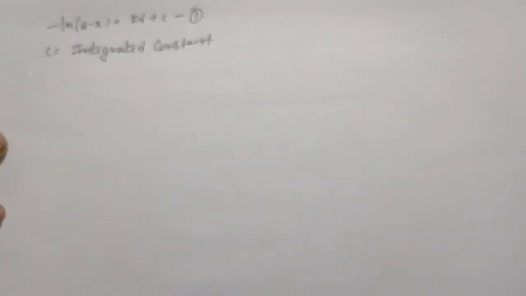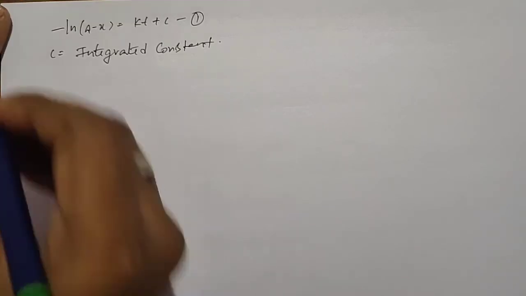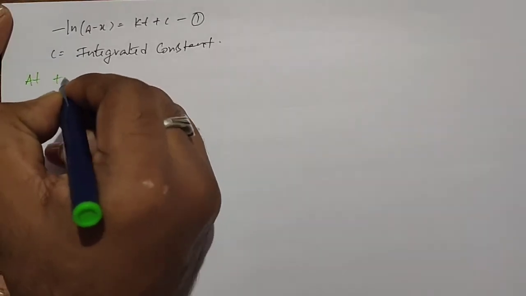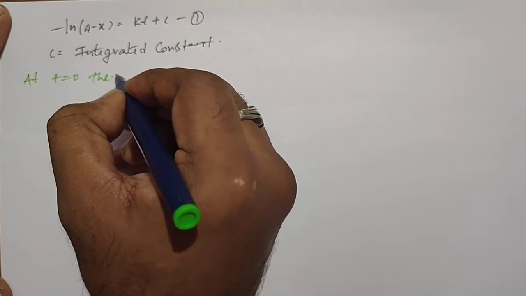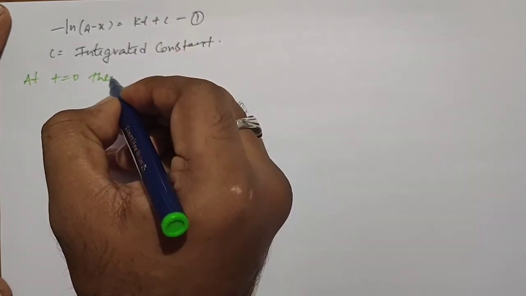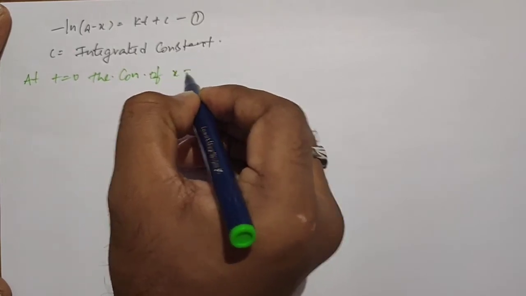Now at time t is equal to 0, the reaction has not started, so x is equal to 0 at that time. At time t is equal to 0, the concentration of x is equal to 0.